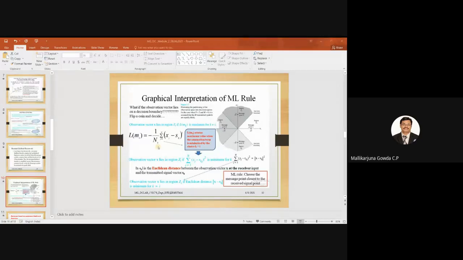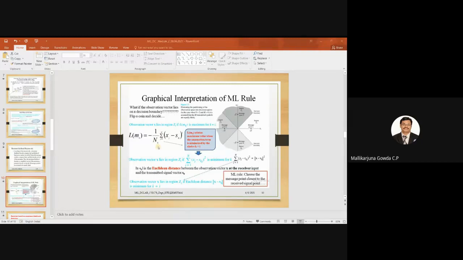Here I divided this into four regions. If the observation vector lies on this decision boundary, how do you take a decision? It is nothing but flip a coin and decide. That could be the solution if the point lies on this decision boundary.